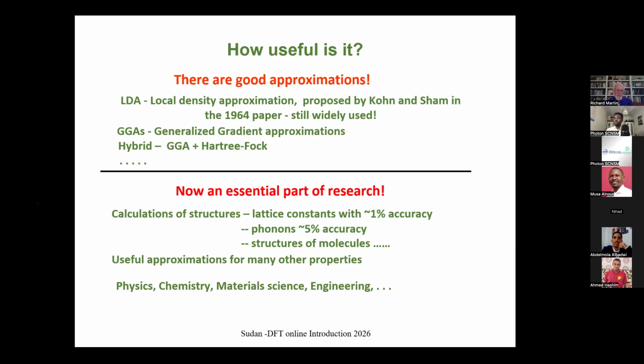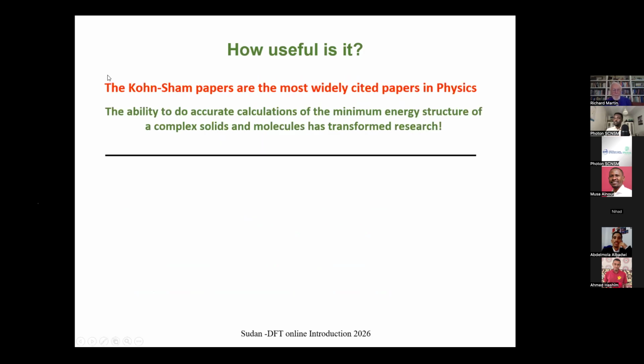You could get the structures of molecules, structures that may have tiny energy differences, but you can predict it accurately. And so it's just useful. It turns out that because it's so useful, the Kohn-Sham papers are the most widely cited papers in physics. And it's really transformed how research is done.